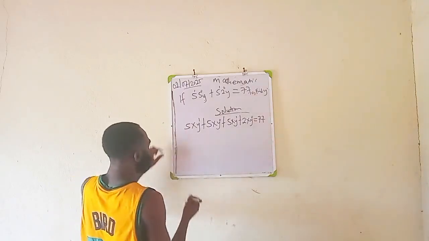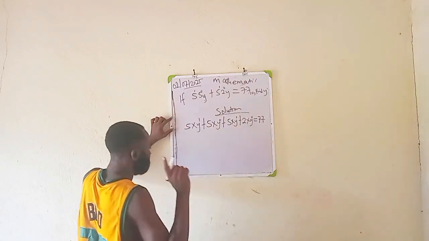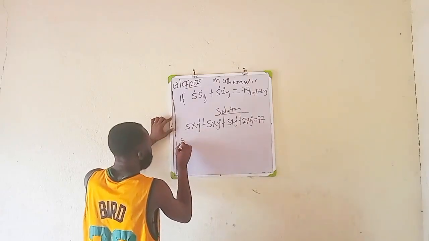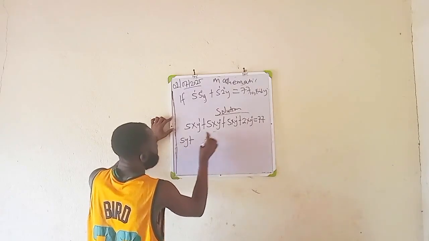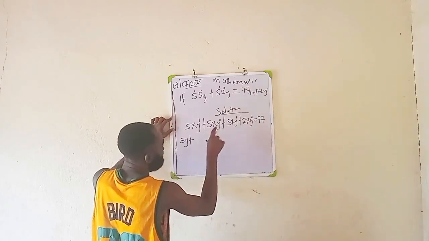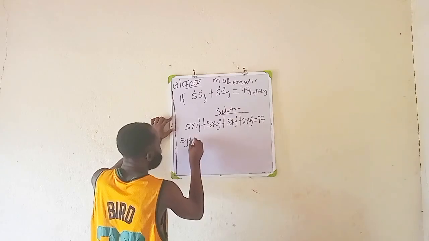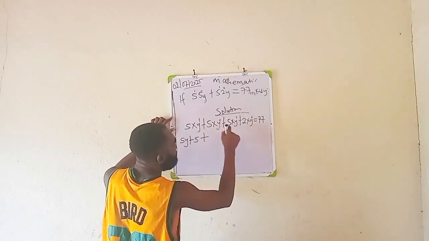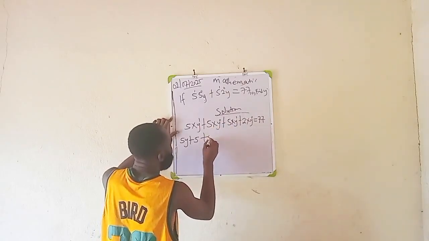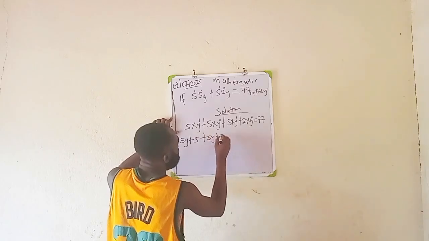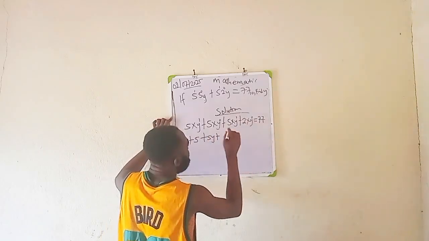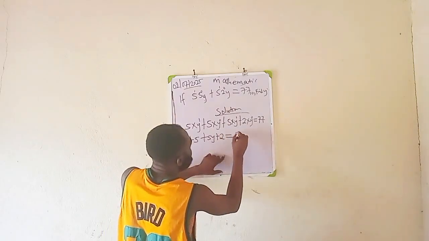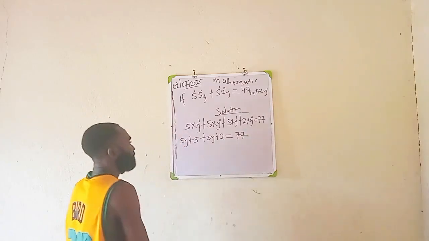So now y raised to the power of 1 is the same as y, so 5 times y will give you 5y, plus anything raised to the power of 0 is 1. 5 times 1 is 5, plus y raised to the power of 1 is y, so 5 times y will give you still 5y, plus anything raised to the power of 0 is 1. 2 times 1 is 2, so that is equal to 77.